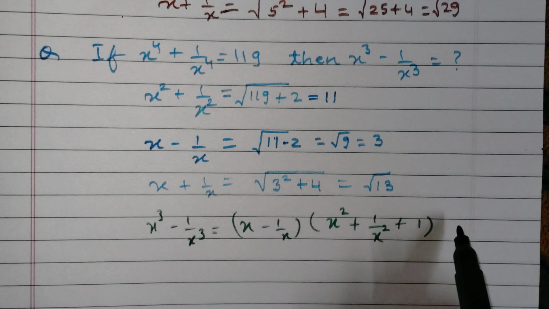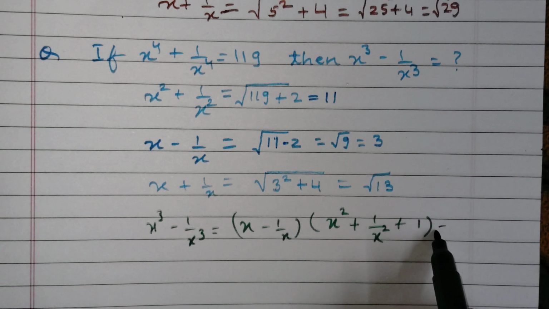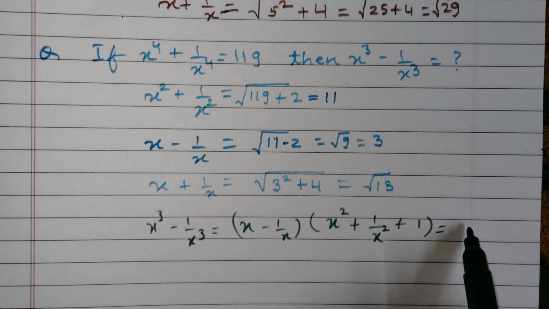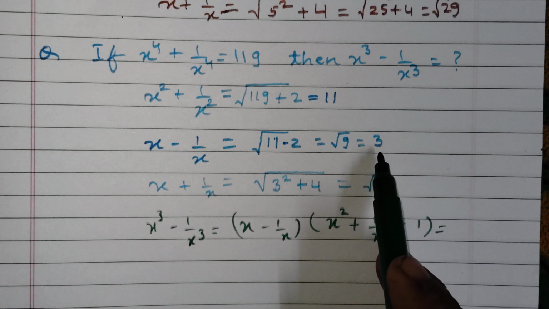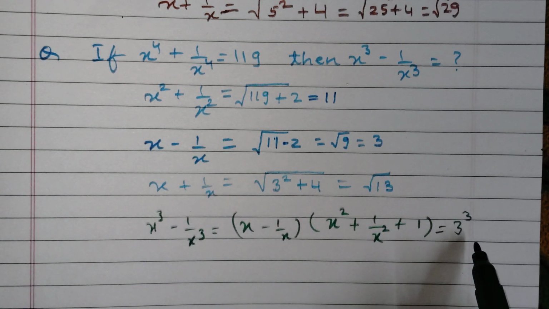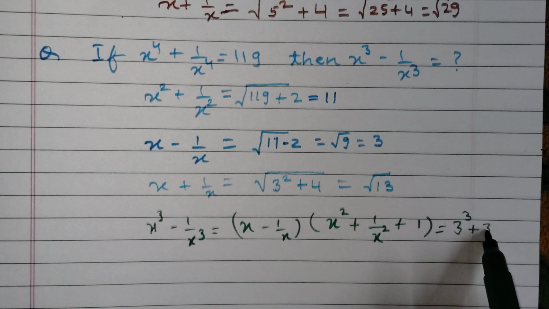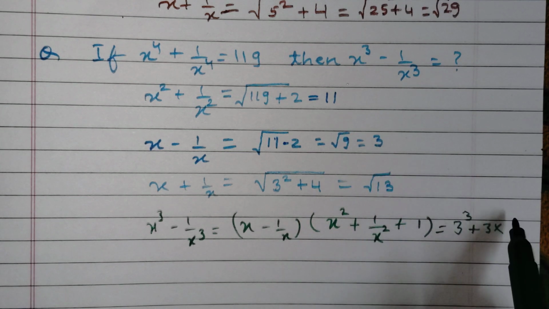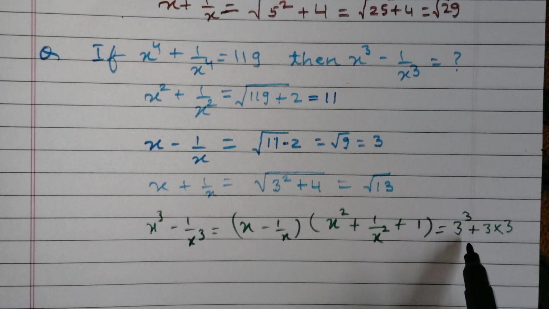Or we can say by trick, we write the cube formula for this x minus 1 upon x, then the opposite sign, so we write plus 3 times of this number 3. So 3 cube is 27 plus 9, 3 times 3 is 9, so 36 is the answer.